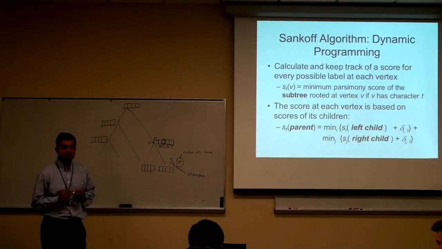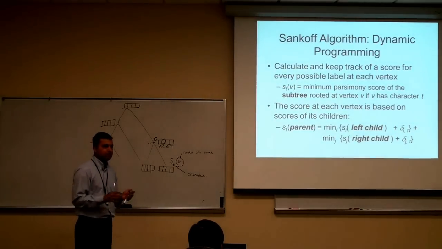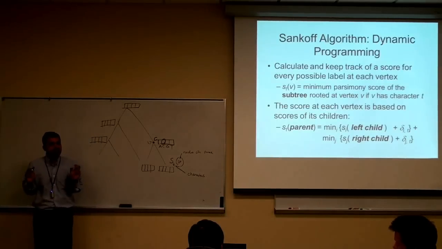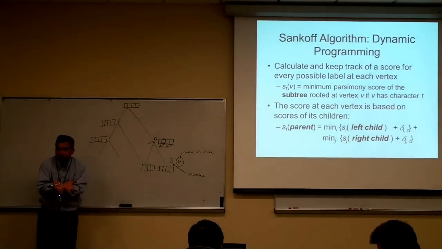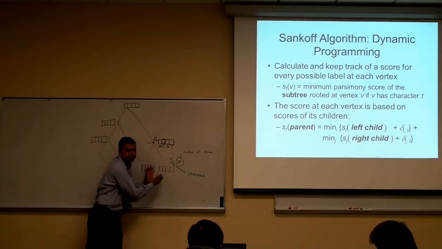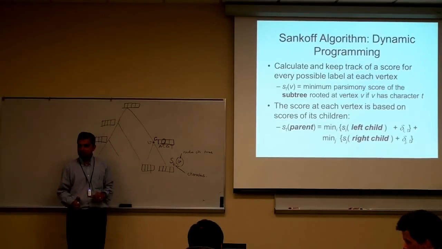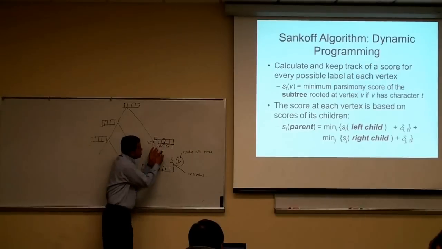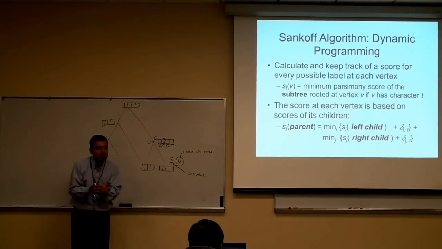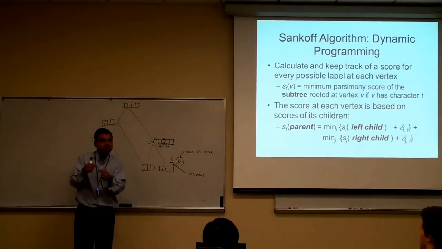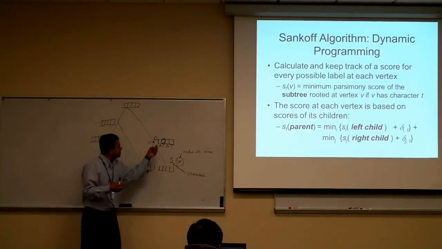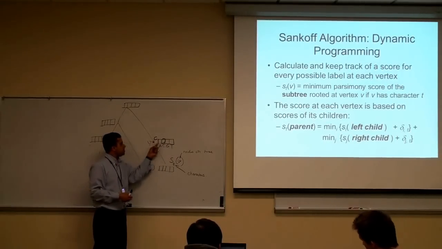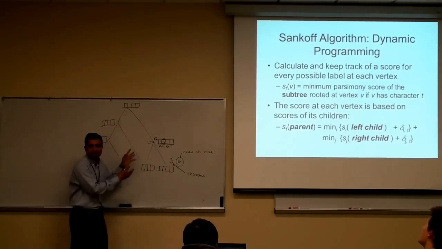Okay? So it has the flavor of the dynamic programming methods you've seen earlier. It's the best solution's value for a subproblem. The subproblem here is the subtree. And furthermore, it's the best solution's value for the subproblem under a certain local decision. The local decision here is the placement of a C here. If we placed a C here, what's the best score we can get from the entire subtree?